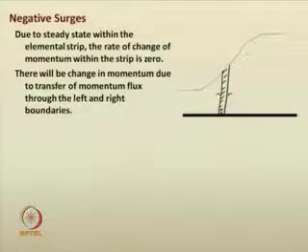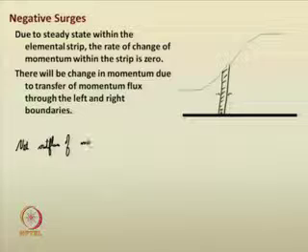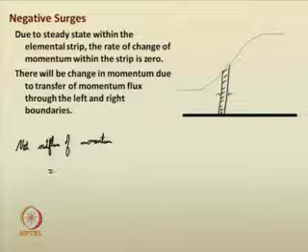So the momentum flux through the left and right boundaries needs to be taken into account, that is, the net outflux of momentum. I am not going to further elaborate the Reynolds transport theorem; I am just writing the final form for this particular situation.